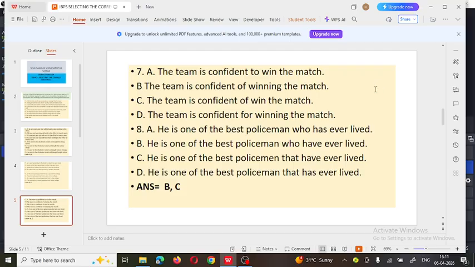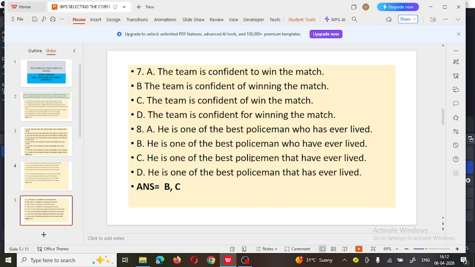Option B is the only correct one here. And these A, C, D are not grammatically correct. Next, eighth question. He is one of the best policemen who has ever living. Next, he is one of the best policemen who have ever lived.